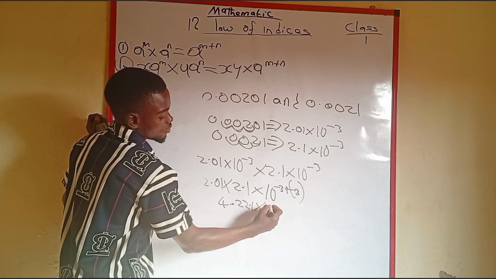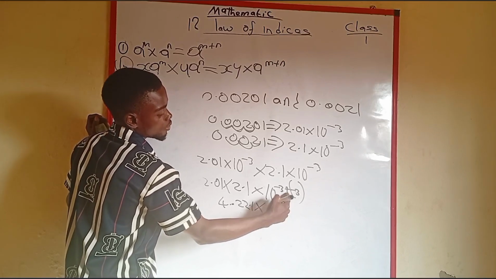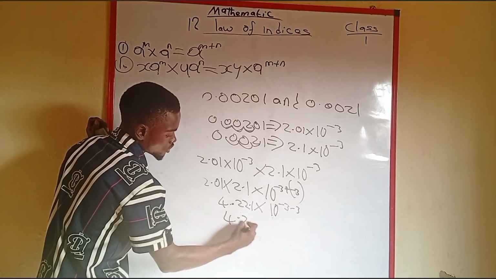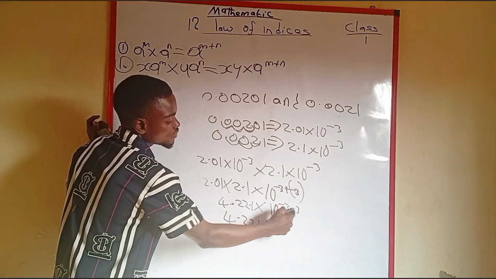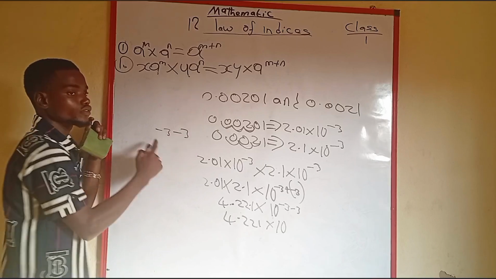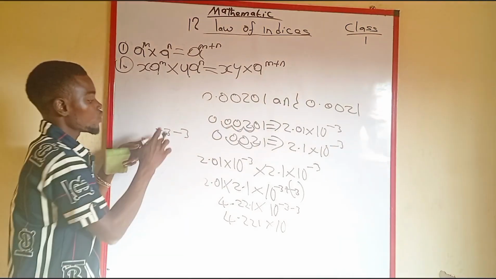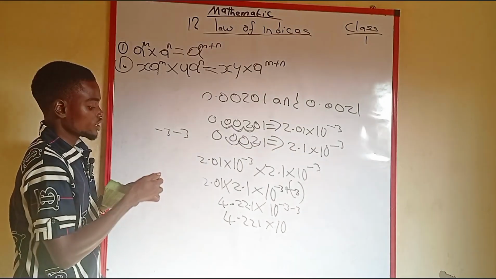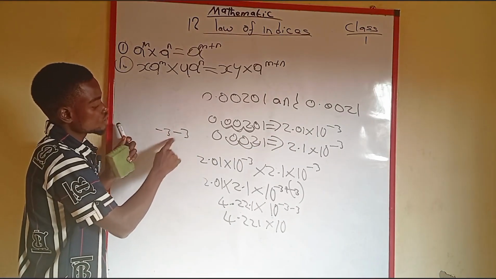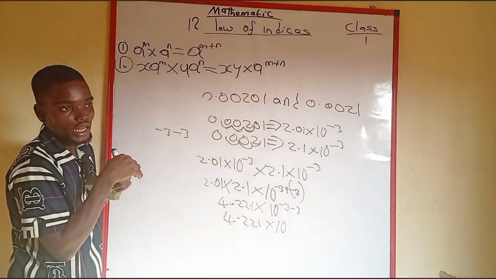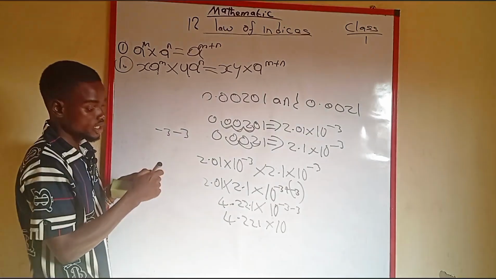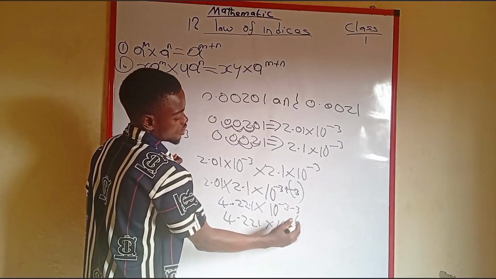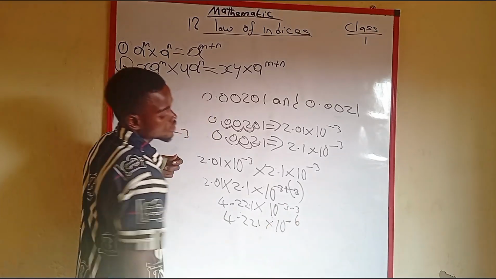Now, this is furthermore equal to 4.221 multiplied by 10 to the power -3, -3. When you have a negative number in two places coming together, you add those numbers, their powers, and it will carry a negative sign. So if I have -3, -3, I'll add them together, I have 6. Now, the answer will be in what? Negative. So -3, -3 is going to give us 6, but because they are negative, I'm going to put it as -6.